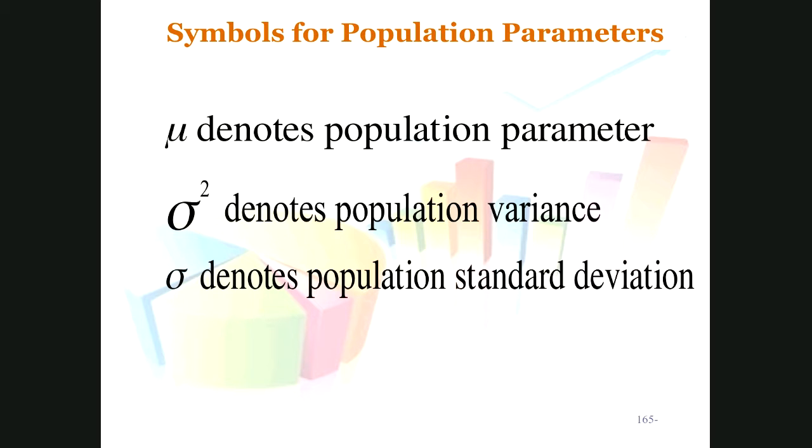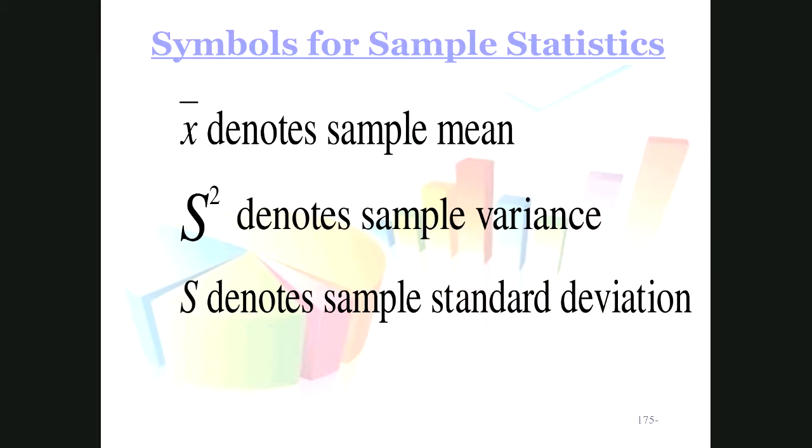Okay. All right. And the X bar, the little bar above the X, denotes the sample mean. If it's a big X, that's a population mean. And the S squared denotes the sample variance.